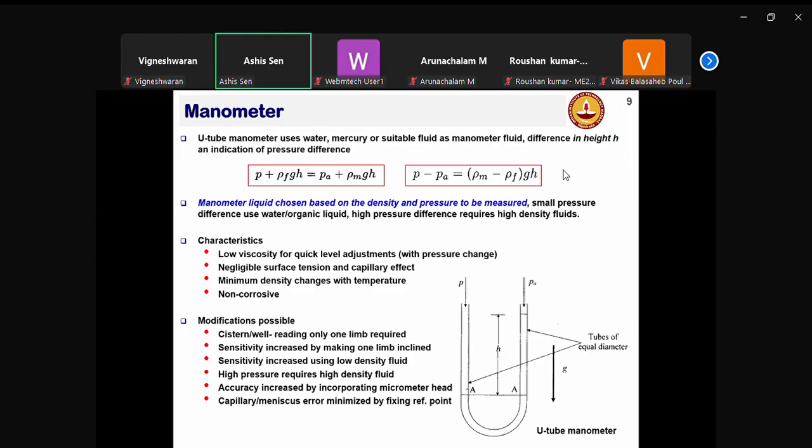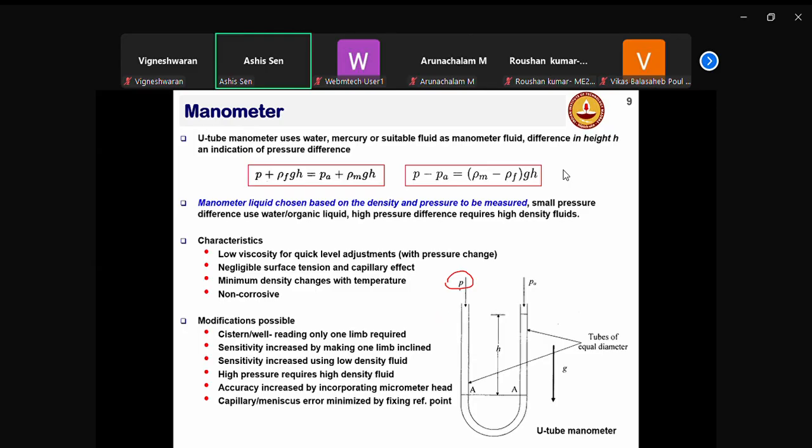What you do is you fill this manometer with water or mercury, and initially both these limbs are open to atmosphere. So it will have the same level on the right and left. Now one of the limbs you expose to a pressure source.